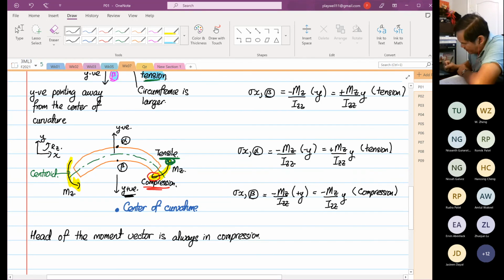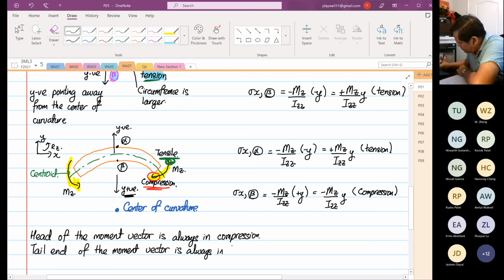And the tail end of the moment vector is always in tension. Okay, I want you to observe this.